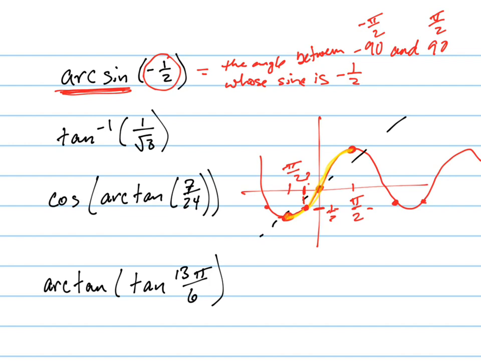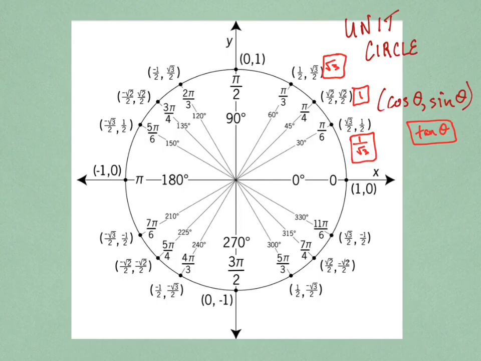So what is that? Well, go to your unit circle. Look only between here and here, because it's from -π/2 to +π/2, and look where the sine is equal to -1/2. And that is the value right here. Now, you don't write 11π/6, right?